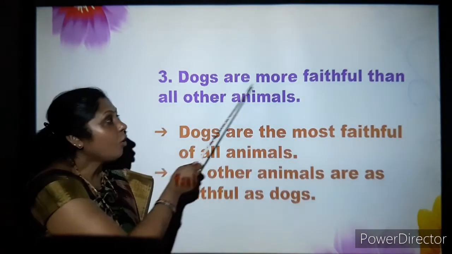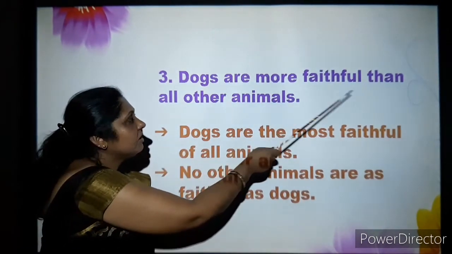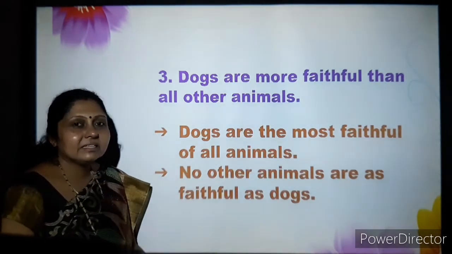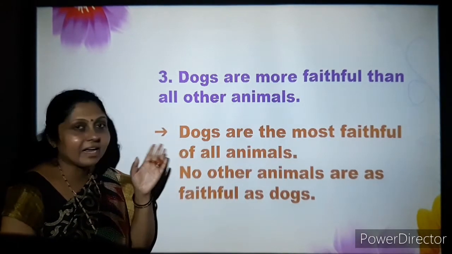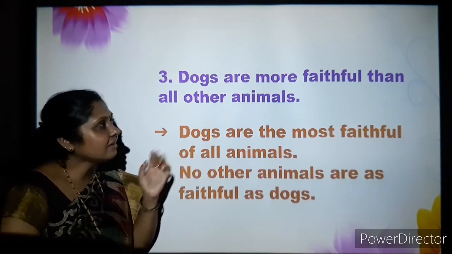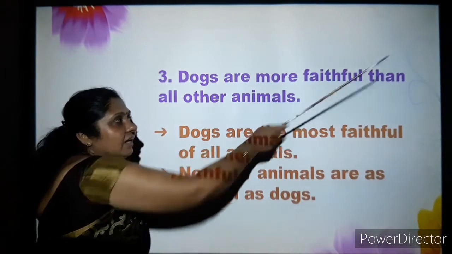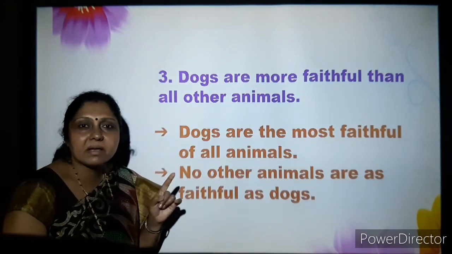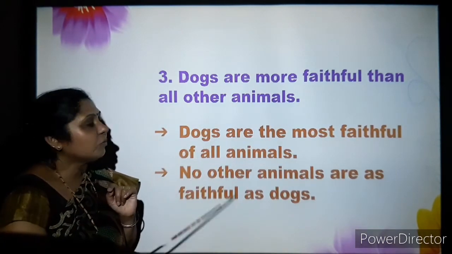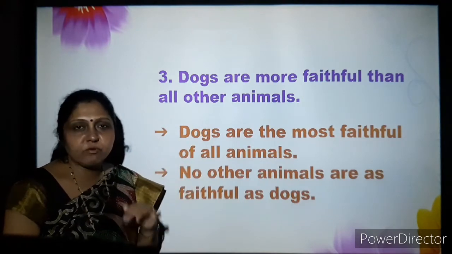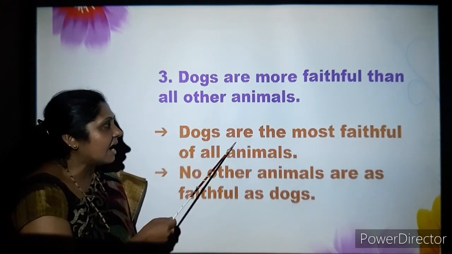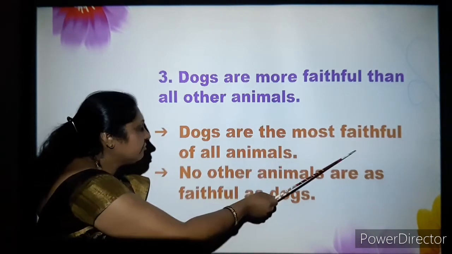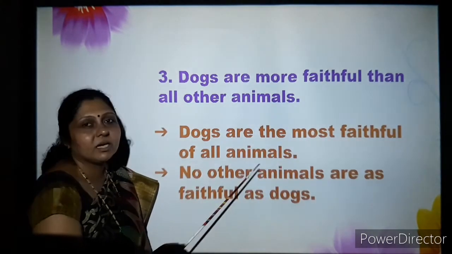Dogs are more faithful than all other animals. I think now you all can identify the degree there. See, there is usage of "than" and "more faithful", so it is in comparative degree. Now we have to put it into the other two forms. Dogs are the most faithful of all animals.